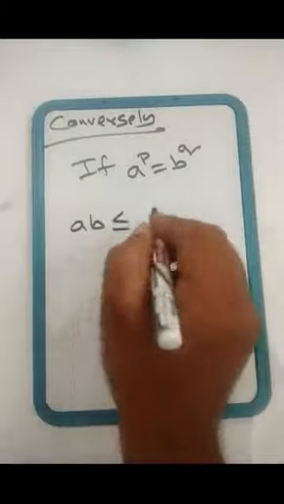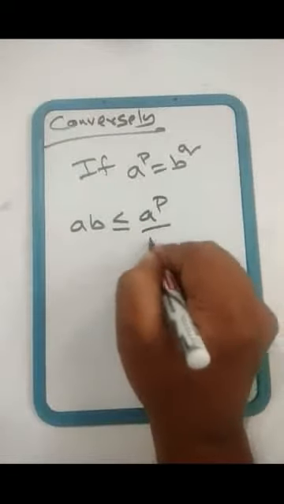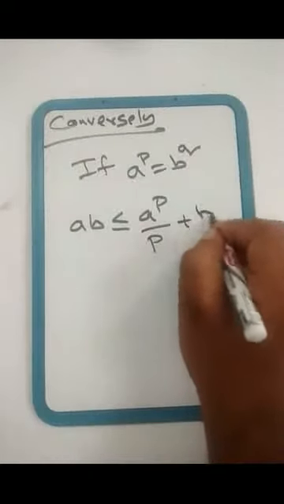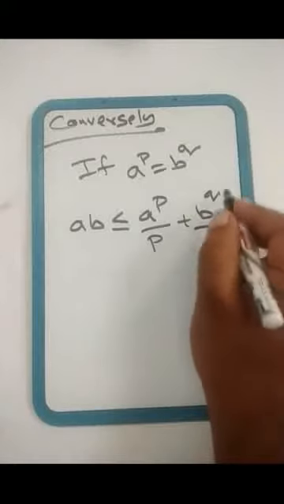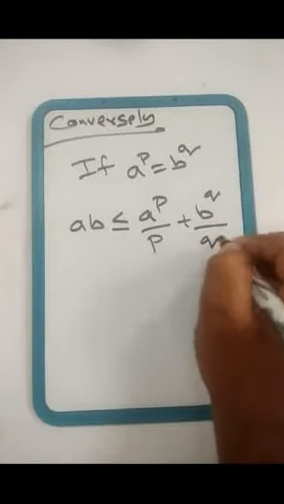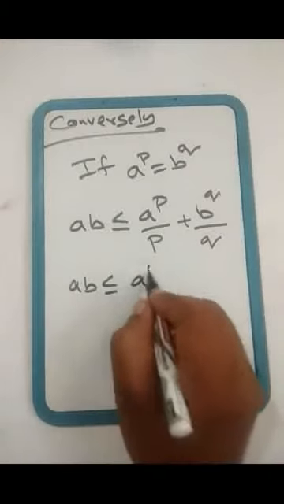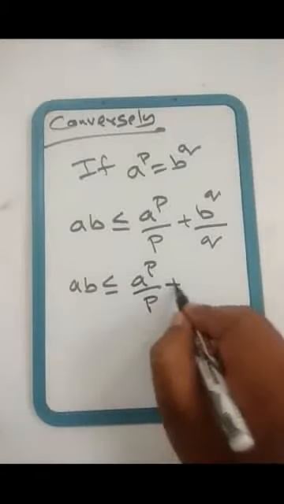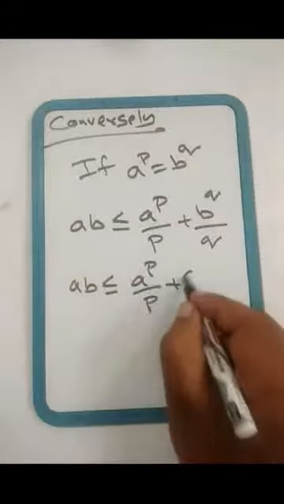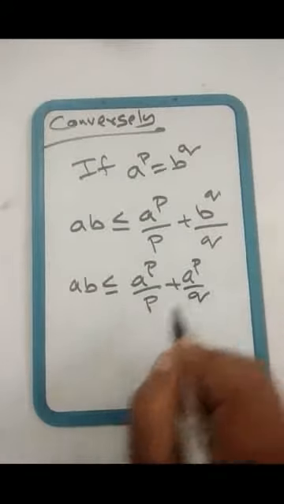AB, so substituting here, AB is less than or equal to a raised to p upon p plus a raised to p upon q.